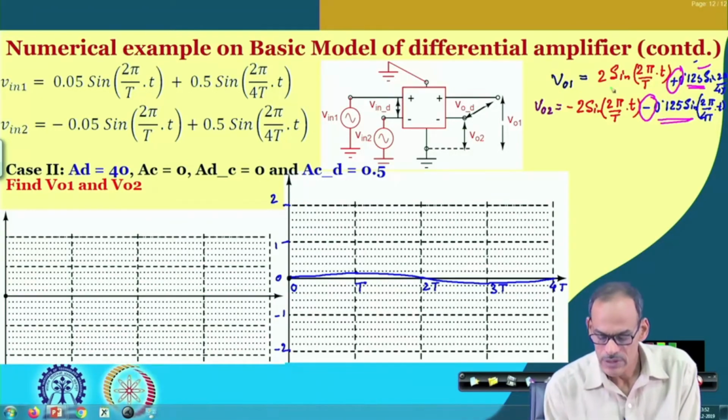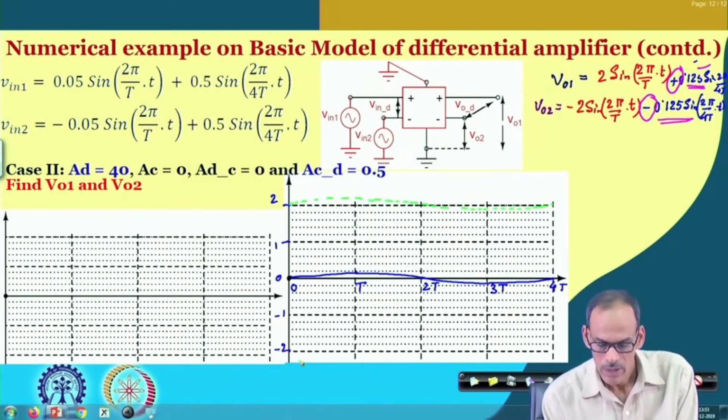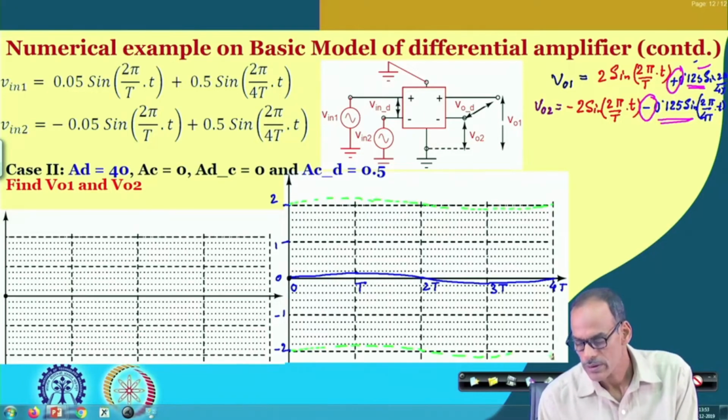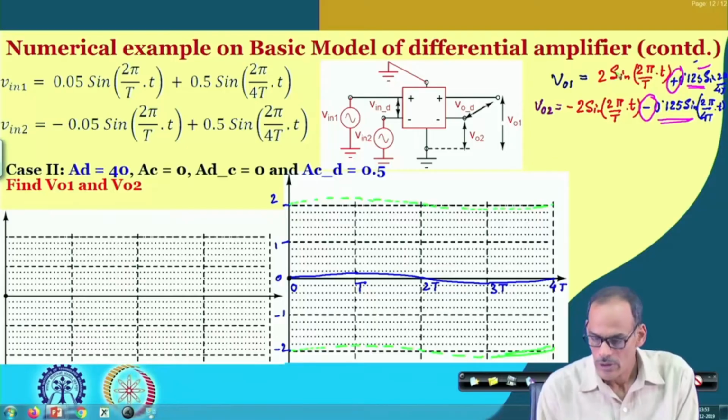Now, to represent the blue signal, let me also put the image of that blue signal here, and likewise here also. Then let me plot the red color along with the blue.